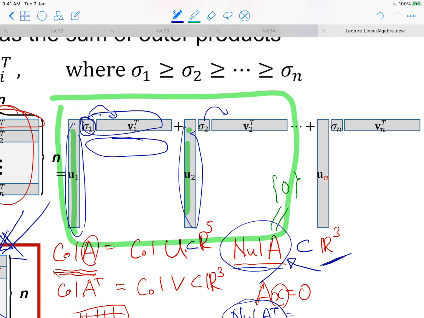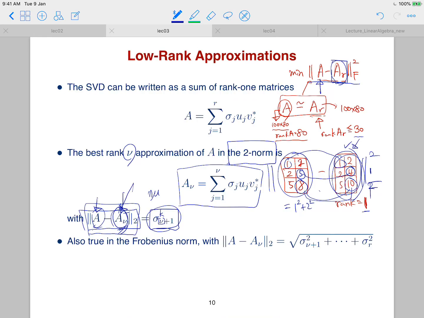We remove them, and then the remaining part will form our new matrix as a difference between these two matrices, right?